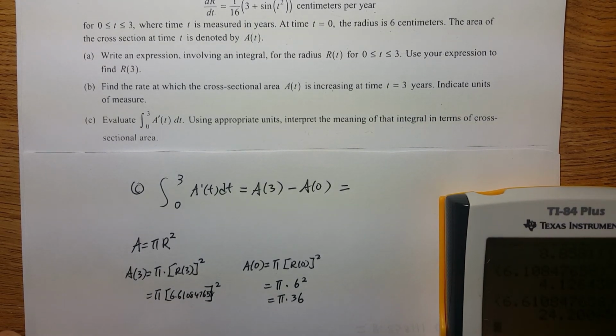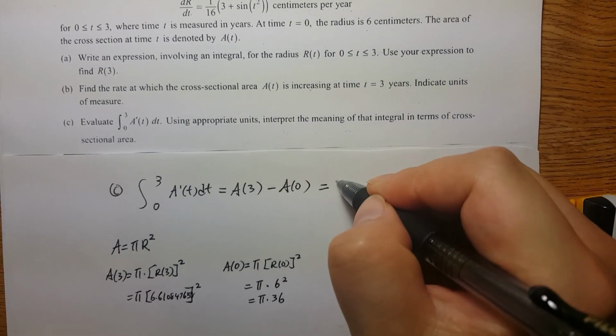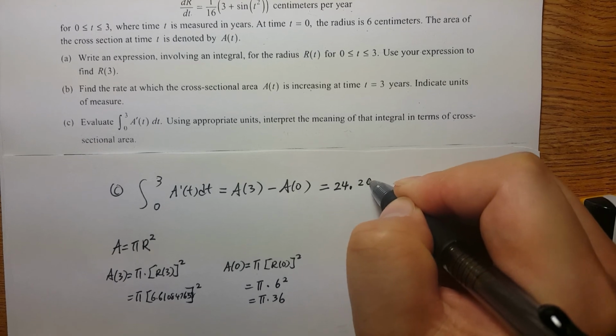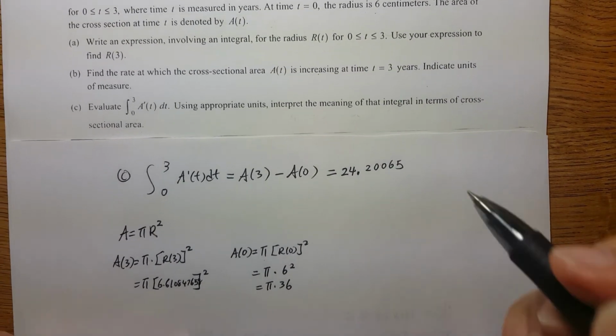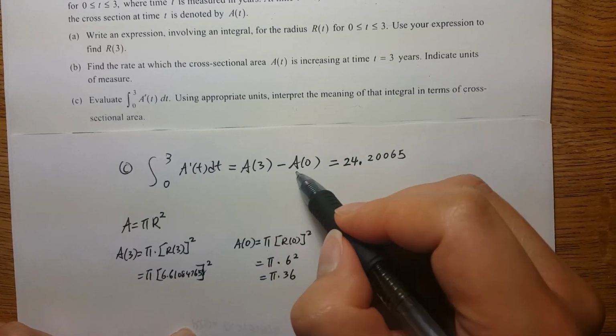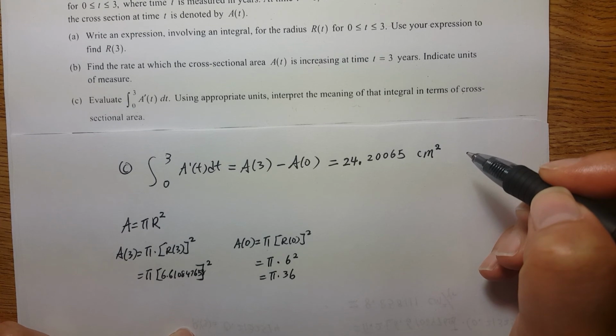So we got 24.20065. Since this is area subtract area, the unit is definitely square centimeters.